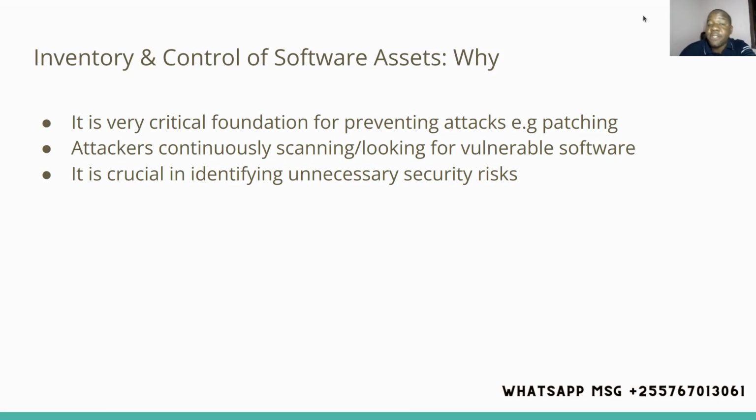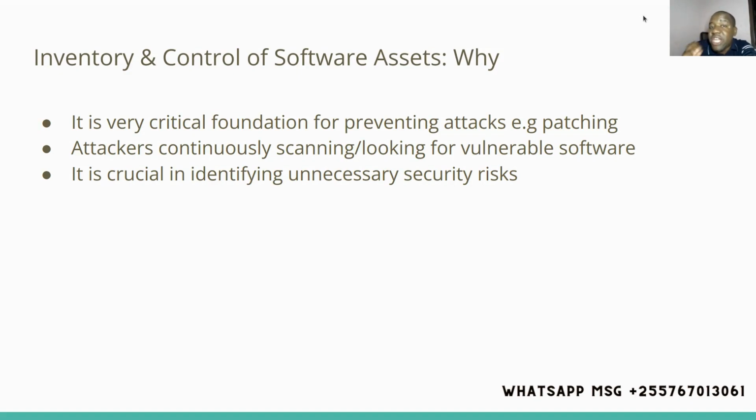And of course, this inventory also helps us to identify unnecessary security risk. By doing this, you may realize that there is software used in your network that is actually not significant for the purpose or objective of your organization, and yet it provides some kind of risk. Maybe that software is no longer supported, or no longer has the necessary security features.